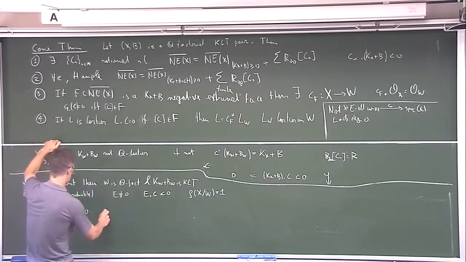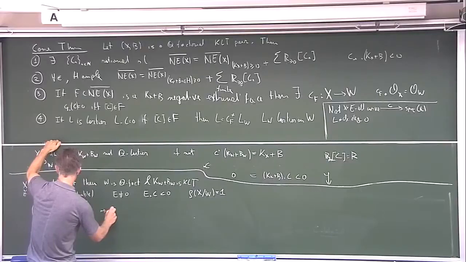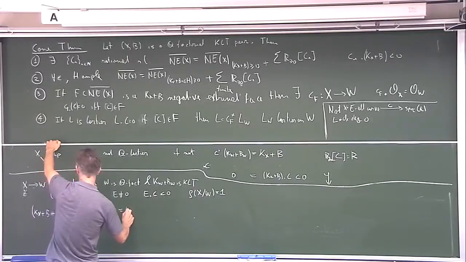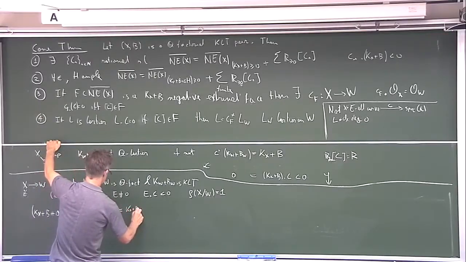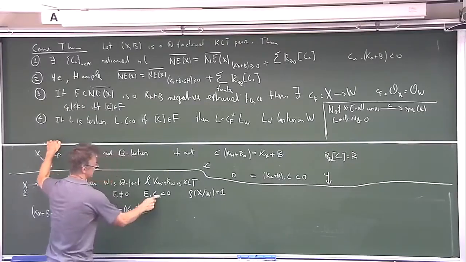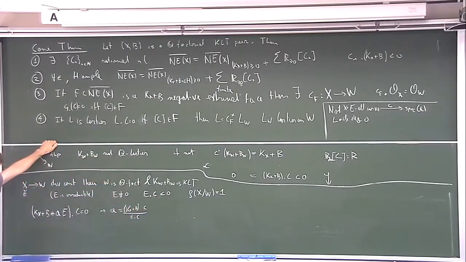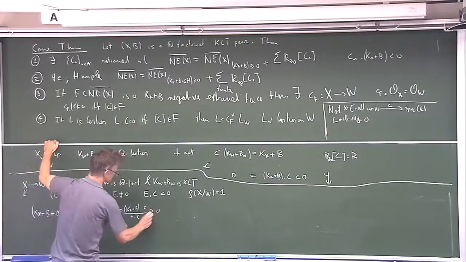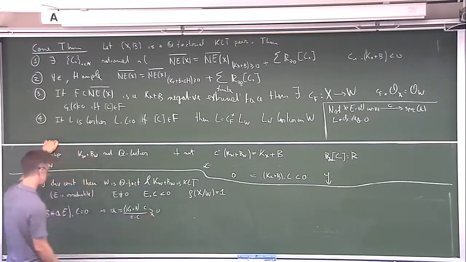So in other words, hopefully I do it right, A should be equal to (K_X plus B) dot C divided by E dot C. And that's why I took care to check that E dot C was non-zero. In fact, it's negative, and this number is negative, so this A is greater than or equal to 0. It's strictly greater than 0 in fact.